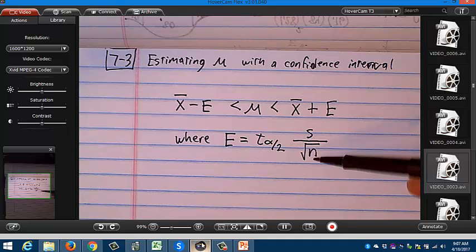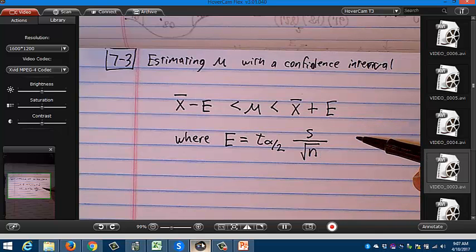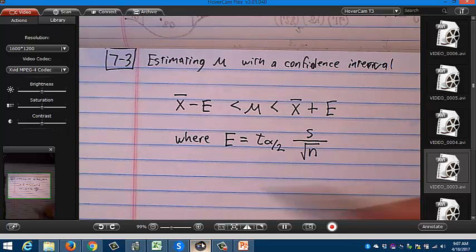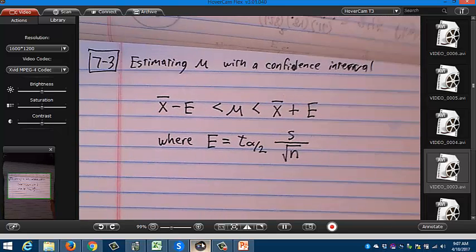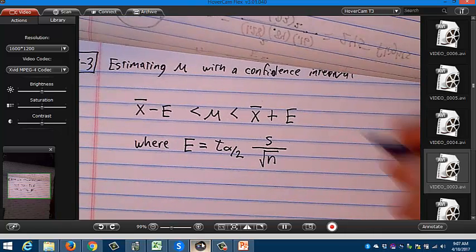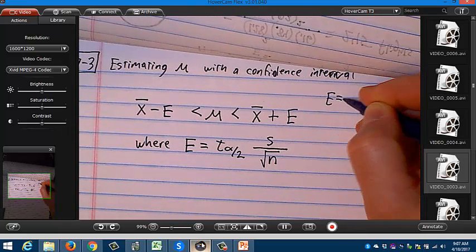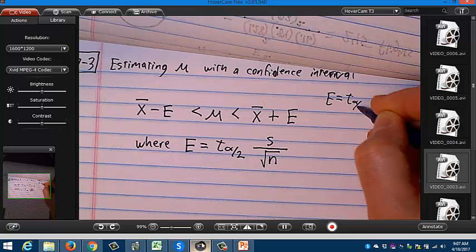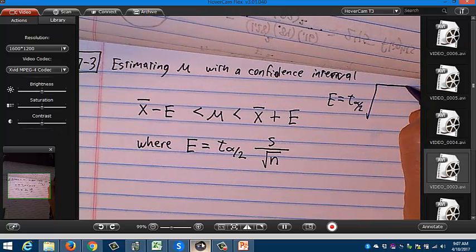It's kind of interesting they wrote the formula this way. You could write it a different way that I think actually makes more sense. But this is simplified. Should I show you what I think makes more sense? Yeah, I should. We'll use this formula, but I think it would make more sense if they explained it this way. E equals t alpha over 2 times a big square root.